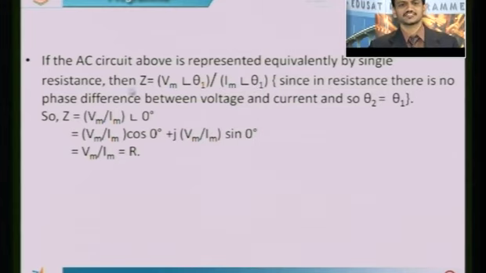Since in a resistance there is no phase difference between voltage and current, theta 2 is equal to theta 1. So Z is equal to Vm by Im at an angle of 0 degrees. In rectangular form, Vm by Im cos 0 plus j Vm by Im sin 0, which ultimately turns out to be Vm by Im, equal to R. So in the case of a resistive network, the impedance of the network is equal to the equivalent resistance between the terminals of the network, which is R.